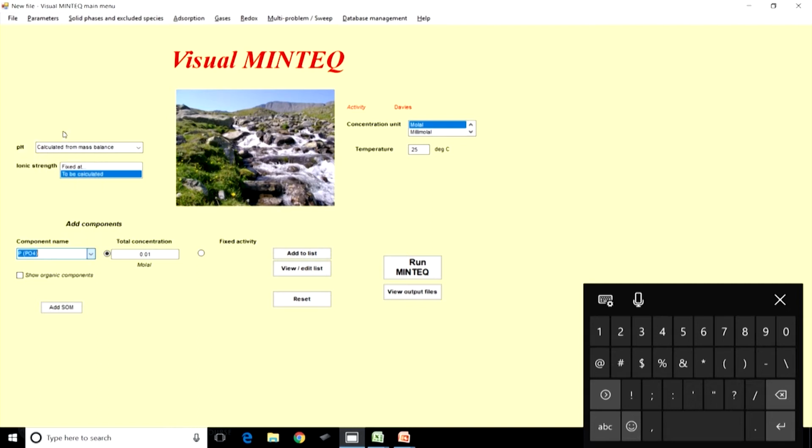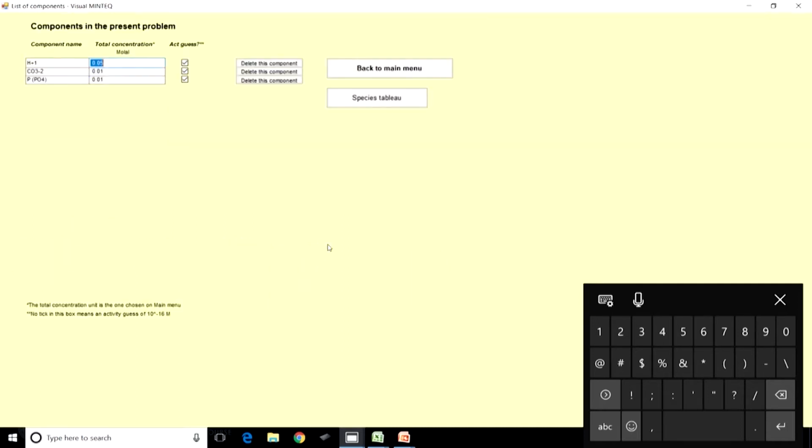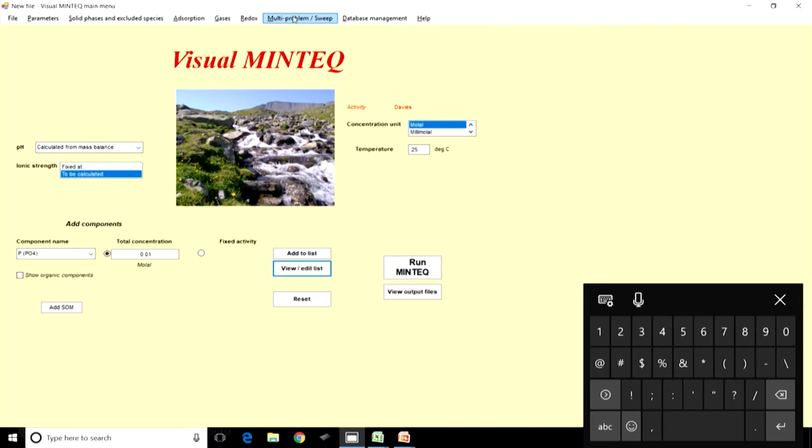Okay, and again that's equal in concentration to 0.01. So I am going to add that to the list. To be on the safer side, I am going to check what I have here. As you see, we have H total is 0.05, CO3 total is 0.01, which is similar in concentration to the PO4 total. I am going back to the main menu. So I am going to go to the multi-problem or sweep menu here.